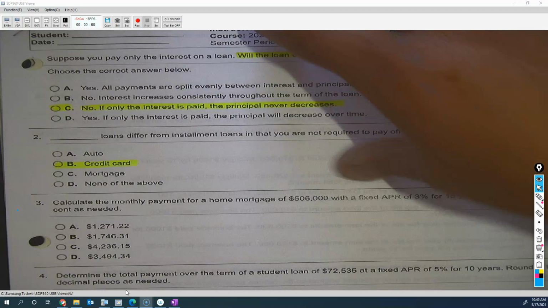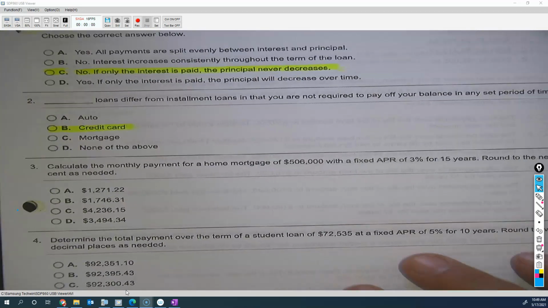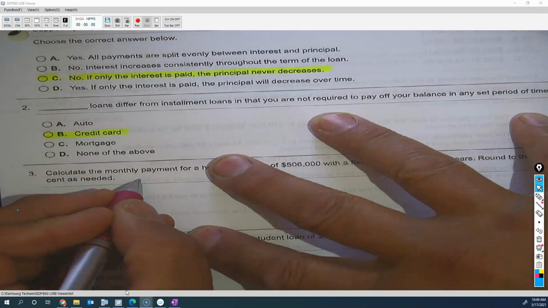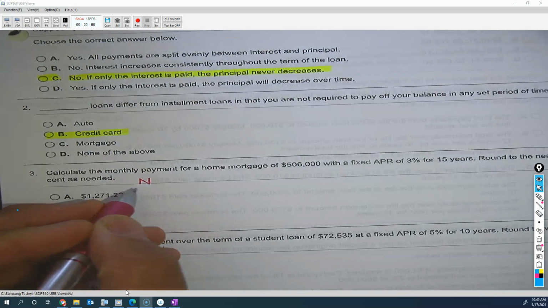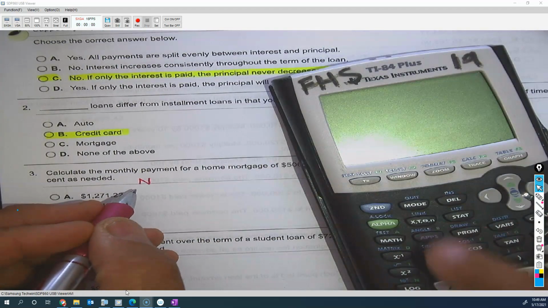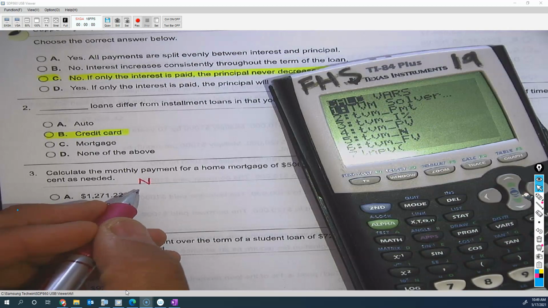All right, now the next few, we're going to be using the TVM calculator, okay? So when we do that, we've got N, and so you go App, Finance, TVM Solver.